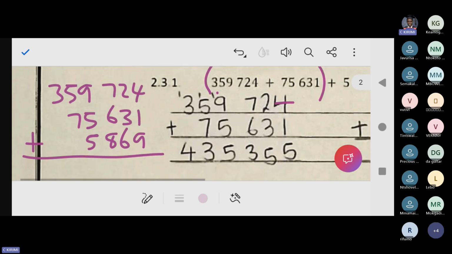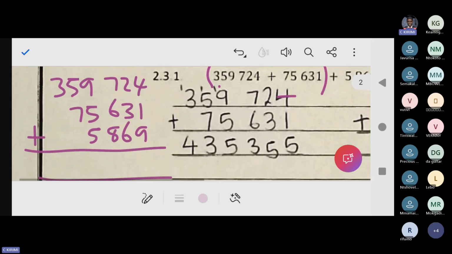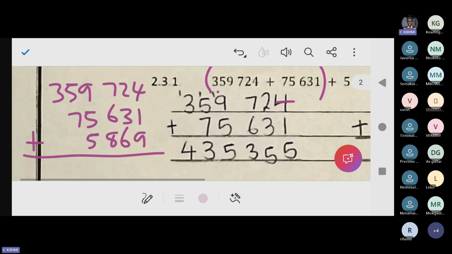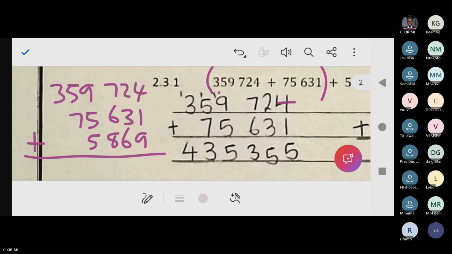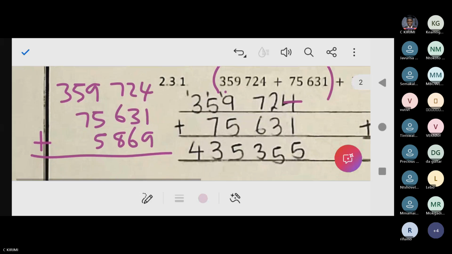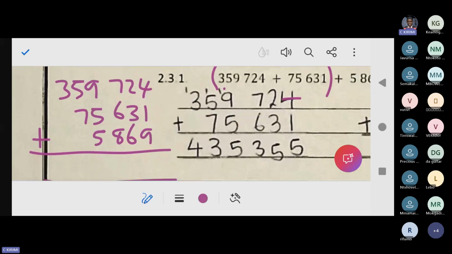So 4 plus 1, that's 5 plus 9, 14. Carry 1. 1 plus 2, that's 3 plus 3, 6 plus 6, that's 12. 2 carry 1. 1 plus 7, that's 8 plus 6, 14. Then 14 plus 8, we are talking of 22.